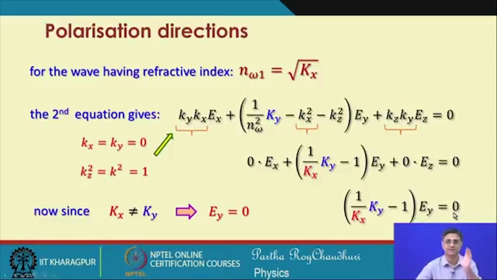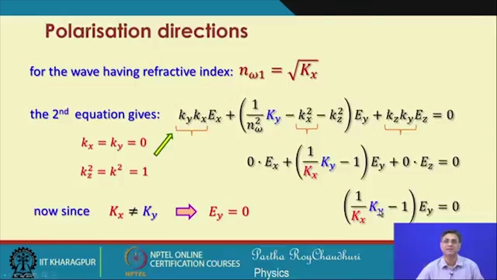So, let us understand this situation: a wave is travelling along the z direction and it sees a refractive index which corresponds to the permittivity along the x direction. Then the field E y is not there, and because it is propagating along the z direction, E z is also not there, we will see that.